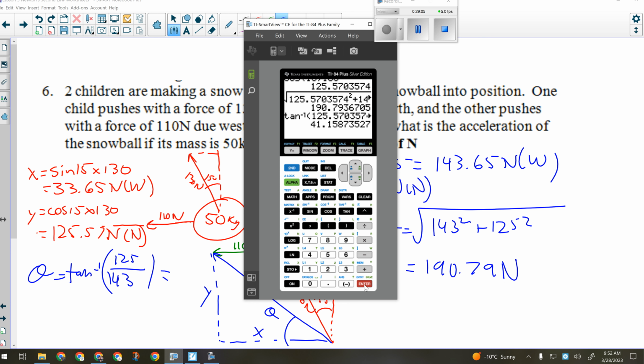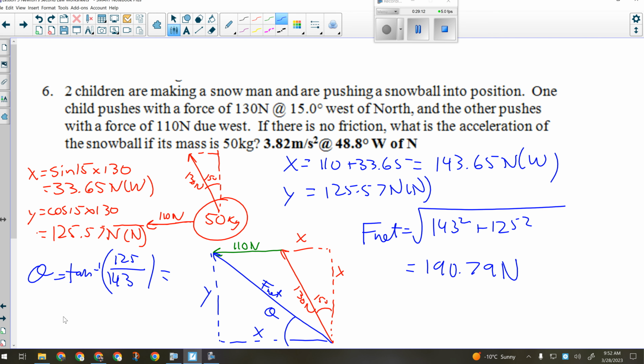So we're looking at 41 degrees, 41.16. And for me, that's going to be north of west.